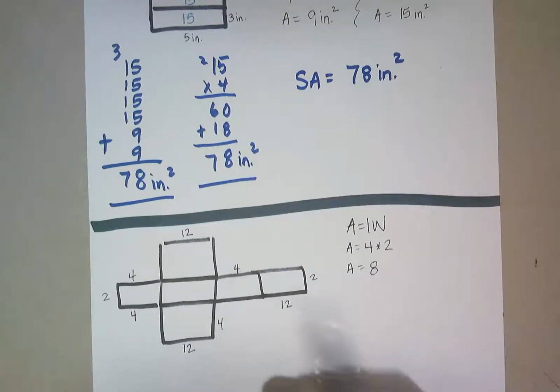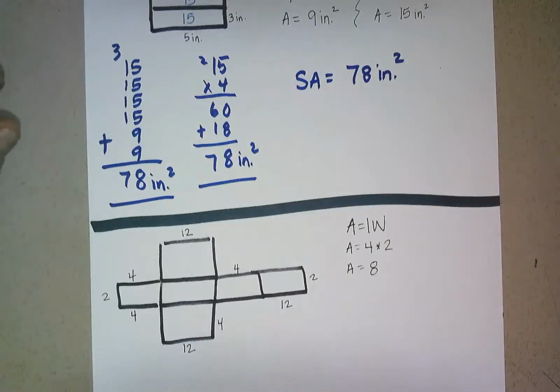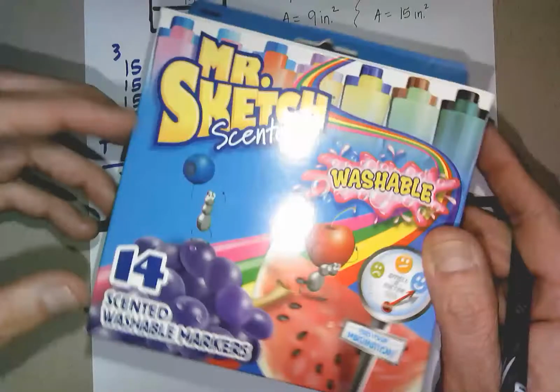Now let's give it some measurements. I forgot about the measurements. We already did inches. If this was like a cereal box or that marker box, it'd be tiny.